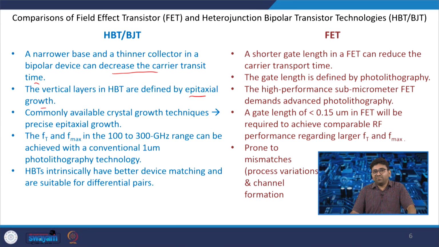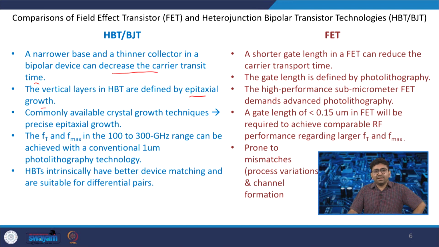The FT and Fmax are in the range of 100 to 300 gigahertz, and can be achieved with the conventional 1 micrometer photolithography technology. So, even 130 nanometer can provide 300 gigahertz FT, and because of that this can be one of the choices for sub terahertz application, where many futuristic technologies can be developed.